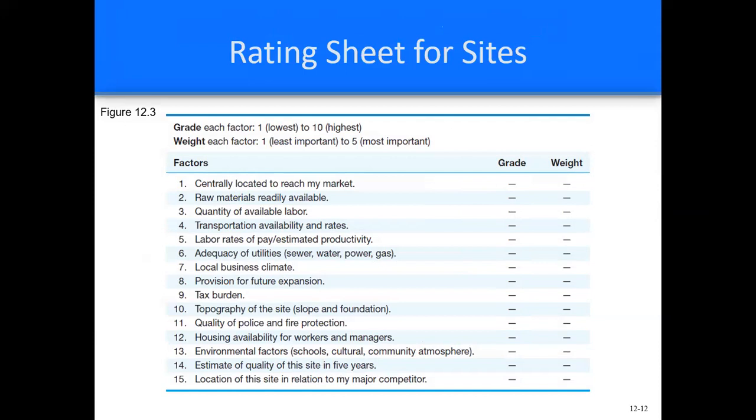Centrally located to reach my market, raw material readily available, quantity of available labor, transportation availability and rate, labor rate and pay, adequacy of utility, local business climate, provision for future expansion, tax burden. All these are some of the things we can look at.